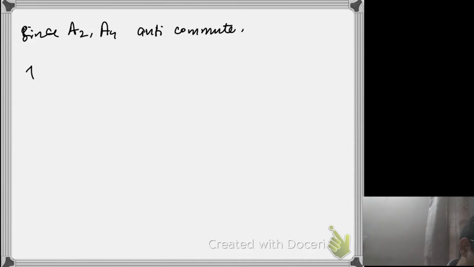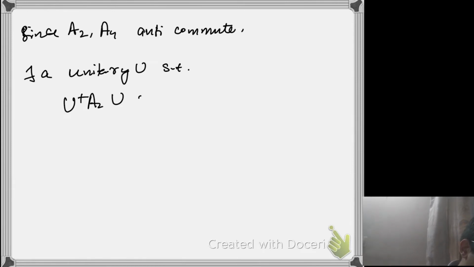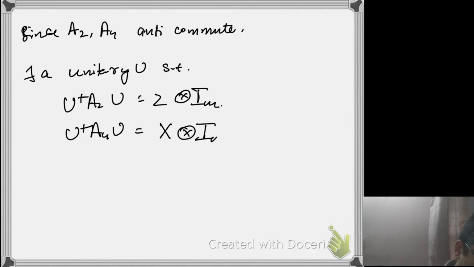Now we have already shown that A2 and A4 anti-commute, and in lecture 7 we had seen a lemma that if you have anti-commuting pairs of observables, then since A2, A4 anti-commute, there exists a unitary U such that up to this unitary transformation, A2 is going to be Z tensor IM and A4 is going to be X tensor IM.